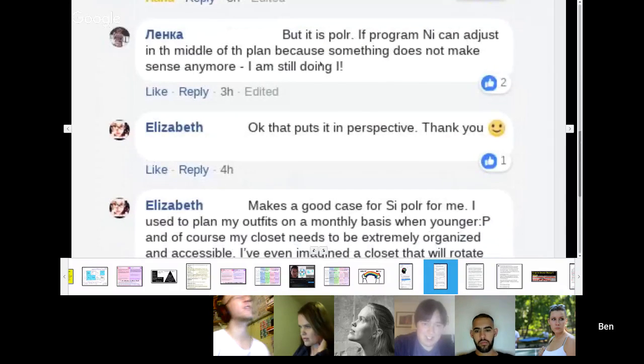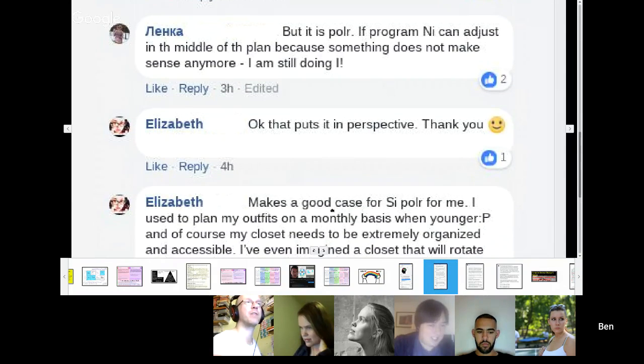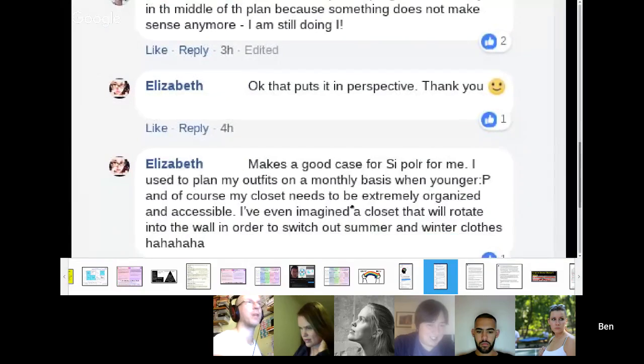And that's the thing that she made. If program NI can adjust in the middle of the plan because something does not make sense anymore, I am still doing it. And that's what Kersey wrote for the INTJ mastermind, the ability to change the plan. To think on their feet in terms of having a flexible plan.